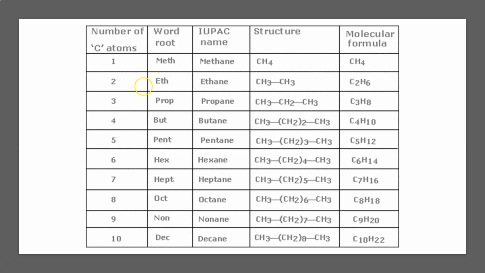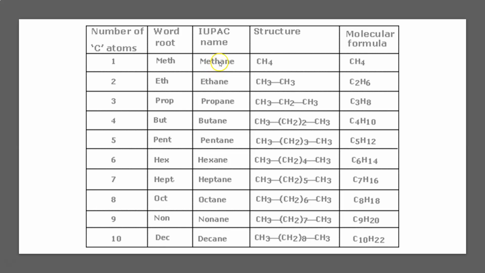To name a compound, it's very important to know the number of atoms of carbon because the prefix that is used to name a compound depends on the number of atoms of carbon, as you can see in this table. 1 atom of carbon, the prefix is meth, 2 eth, 3 prop, 4 but, 5 pent, 6 hex, 7 hept, and so on.